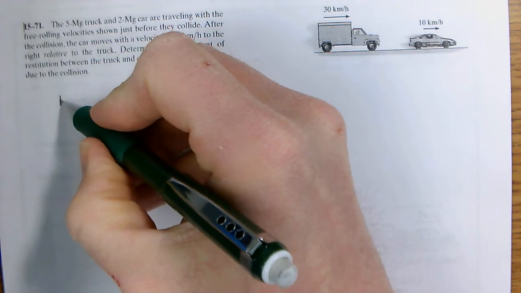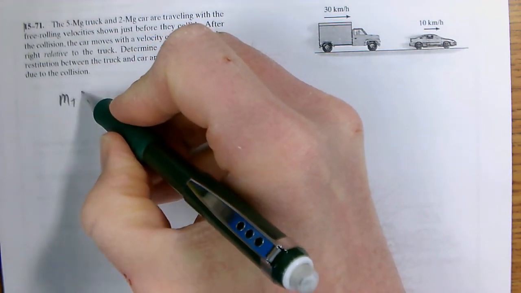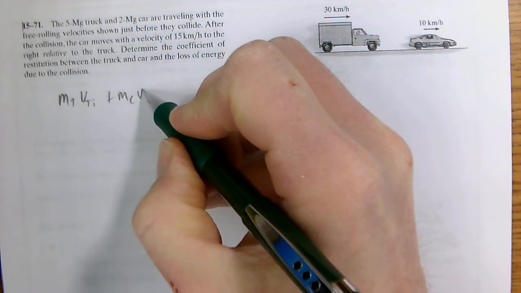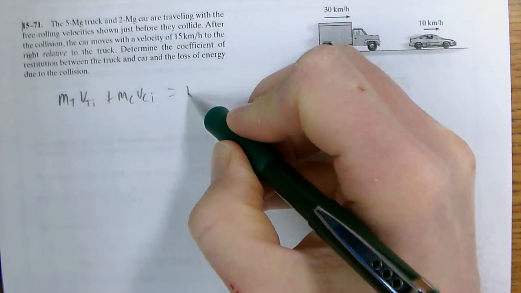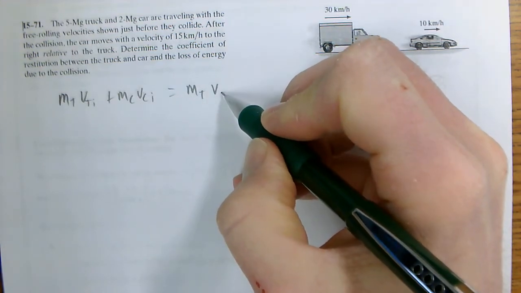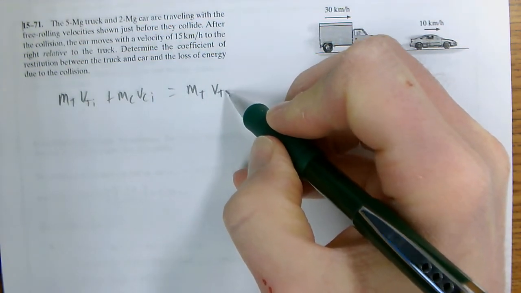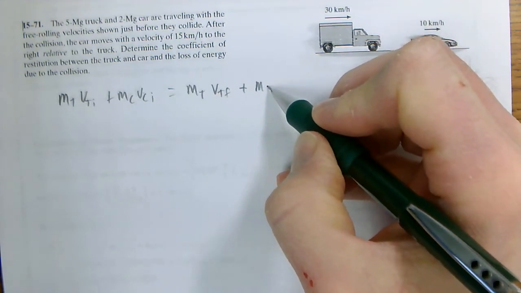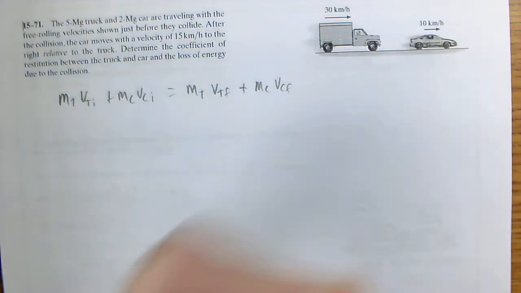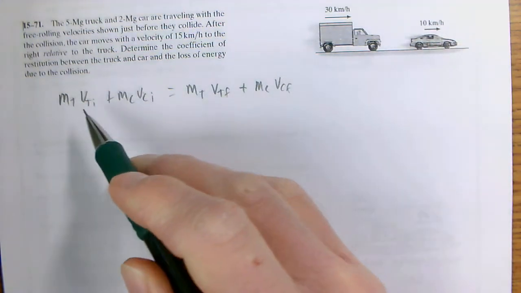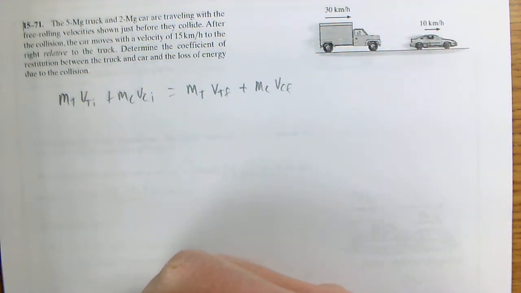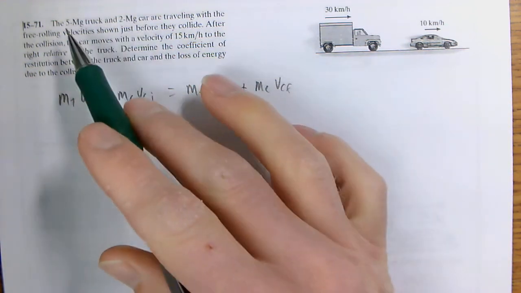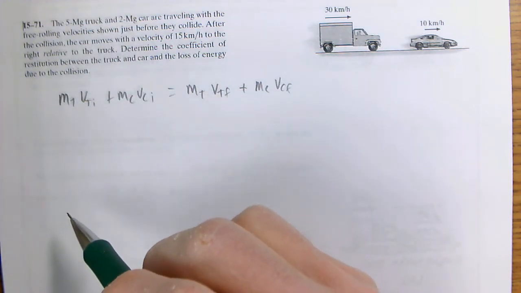So starting with the conservation of momentum, we have the mass of the truck times the velocity of the truck initially, plus the mass of the car times the velocity of the car initially, equals the mass of the truck times the velocity of the truck finally, and the mass of the car times the velocity of the car at the end. I'm going to multiply both sides of the equation by a thousand, so I can use megagrams as mass, so I don't have to worry about that.